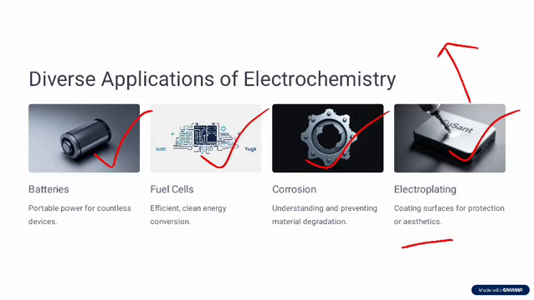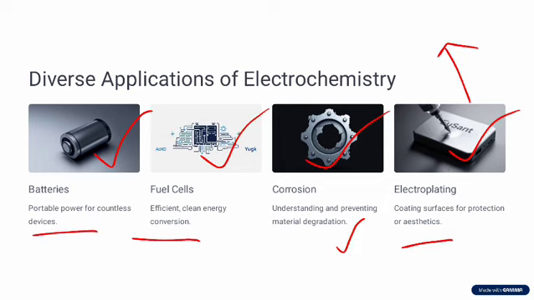Here loss of electrons occurs, and these electrons are gained by the other electrode, which is the cathode. In this way electroplating occurs. And then comes corrosion, which means making materials corrosion free. And then fuel cells are very efficient, clean energy conversion.